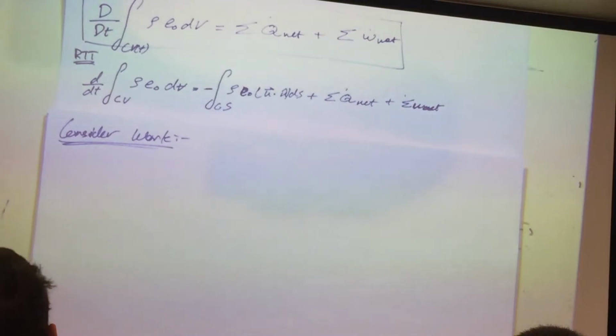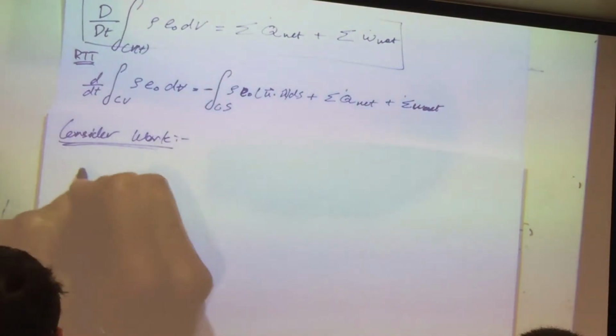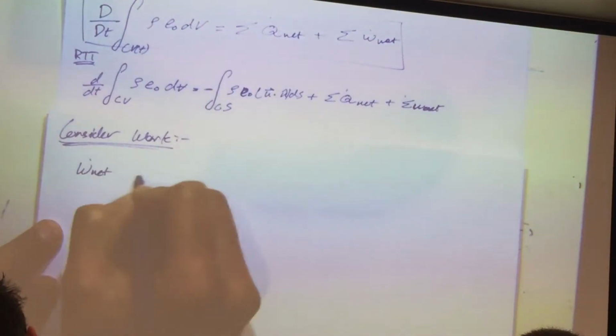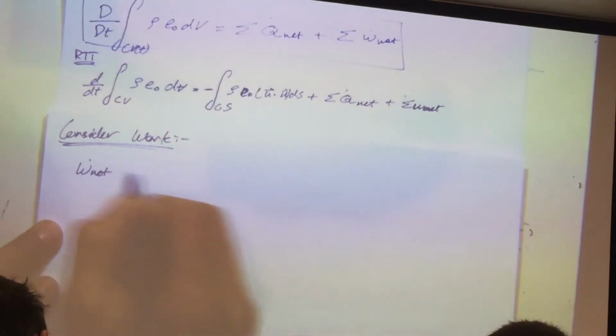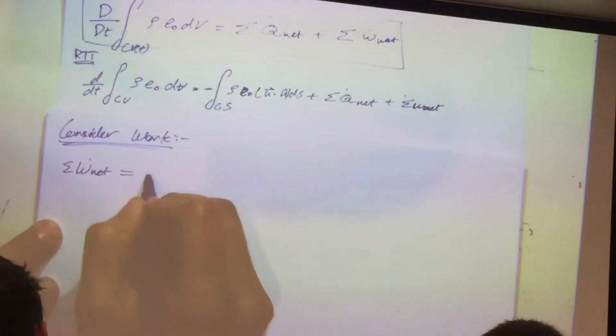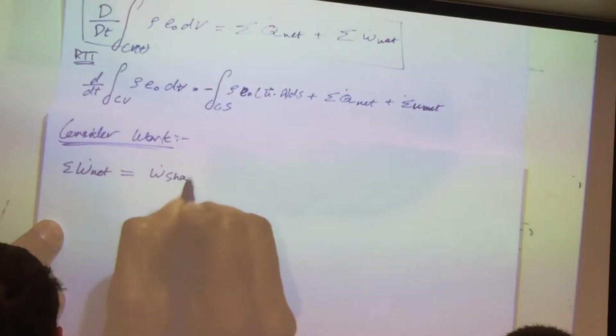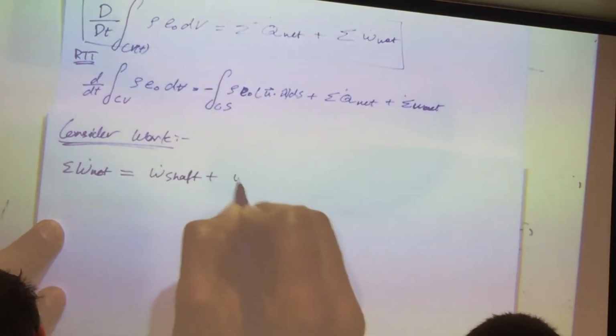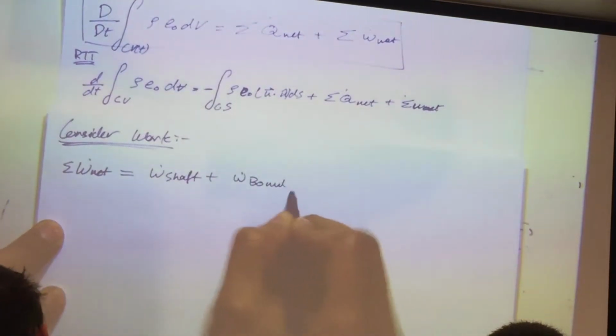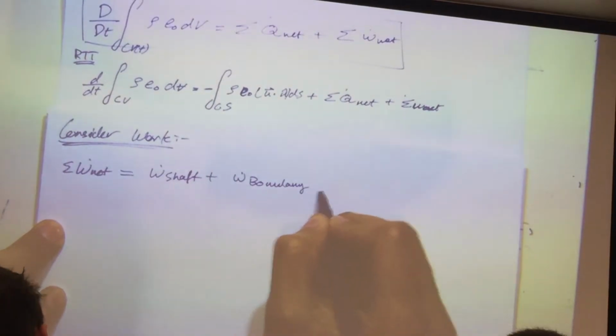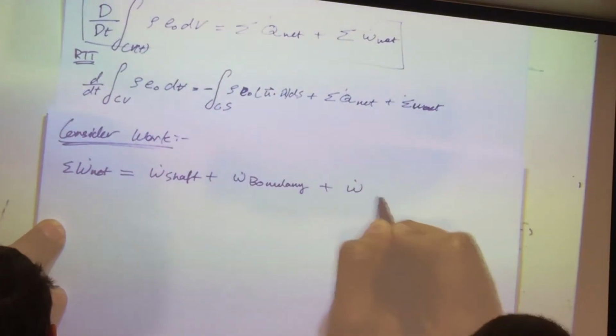What am I used to in work in general? The summation of W net is equal to W shaft plus W boundary, some boundary work, plus W body.